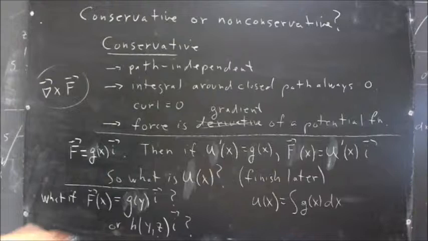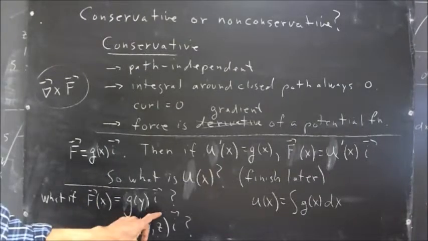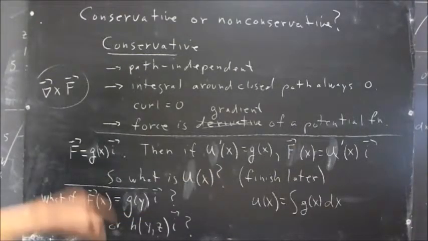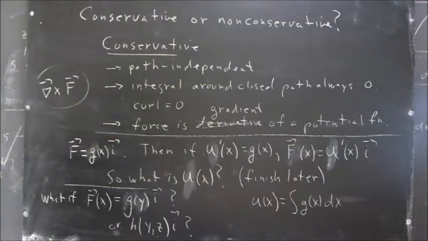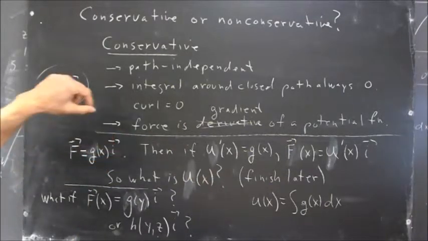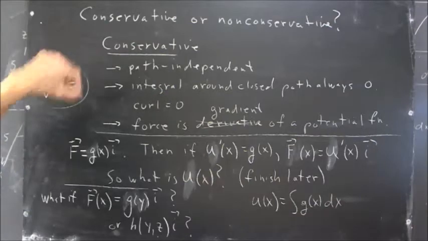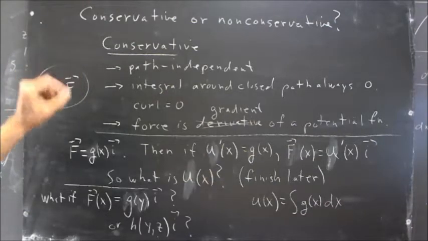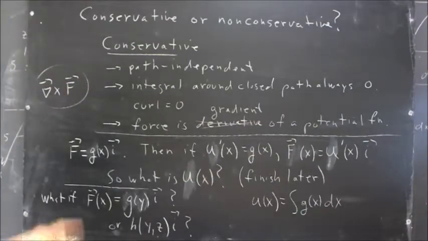Remember what happened when we just let F equal y times i. We found that the integral around that square was no longer 0. We found that the circulation around that square was non-zero, so this function is not conservative.